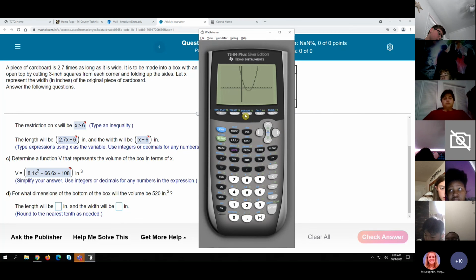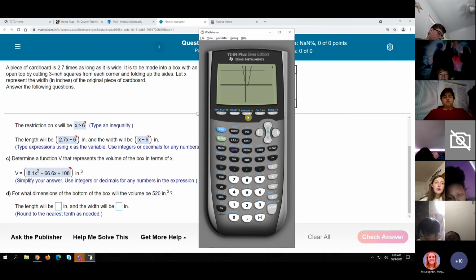And of course, we got to zoom out to find 520. There it is. So we got to find those 2 points. One of them's negative, so that doesn't count. So let me go to Zoom Box.